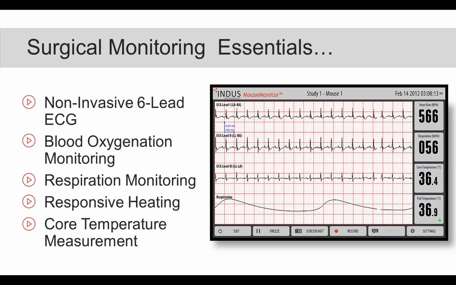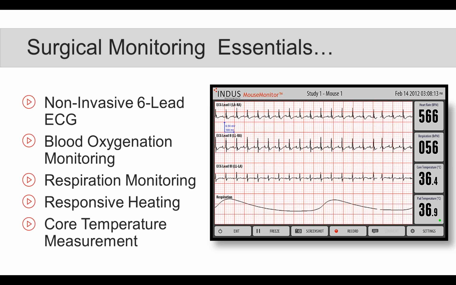So the capabilities of the Mouse Monitor, if you look on the right hand of the screen, there's a screenshot. The gridded area on the left is a waveform capture area where you're able to display ECG waveforms, any 6 leads, lead 1, lead 2, lead 3, AVL, AVF, and AVR, respiration signals, and if you have the blood oxygenation module, also blood oxygenation plethysmograms.